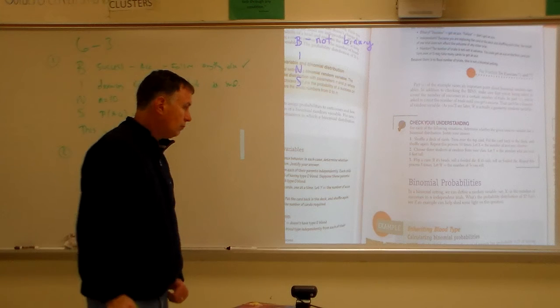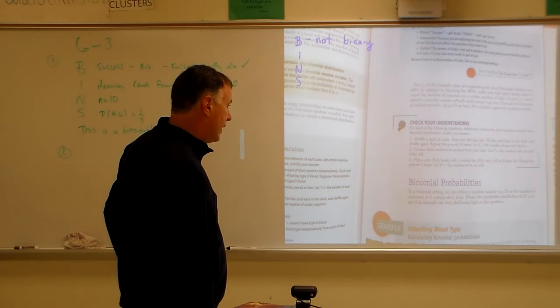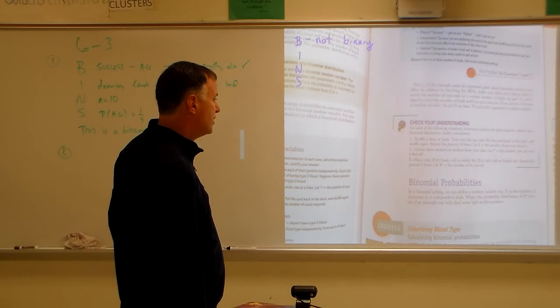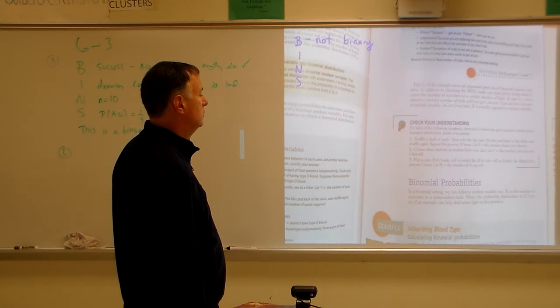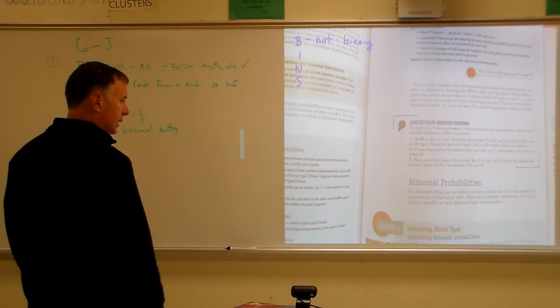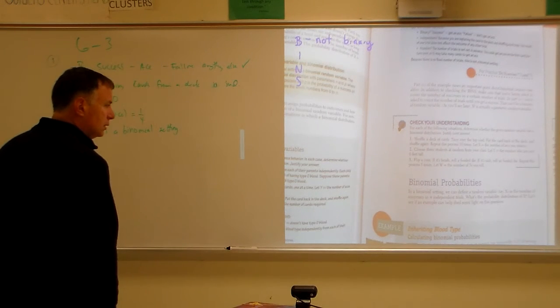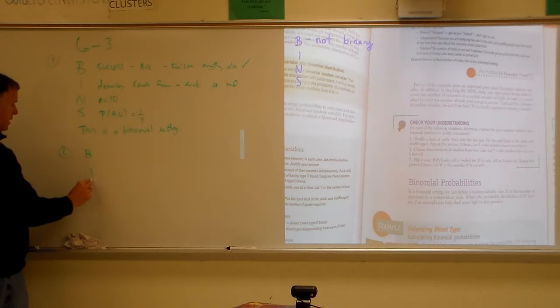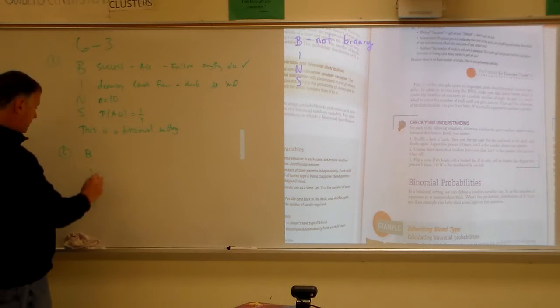Number two. Choose 3 students at random from your class. Let y equal the number who are over 6 feet tall. Okay, so let's look. Choose 3 students. All right, so let's do bins. B-I-N-S. Is it binary? Yes.